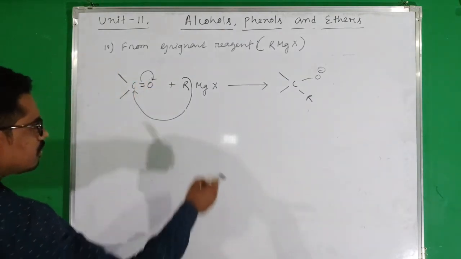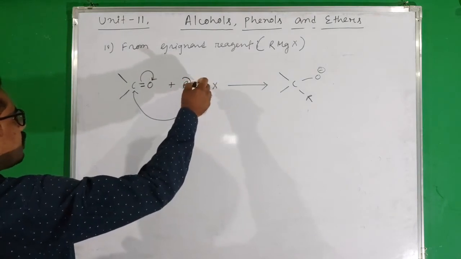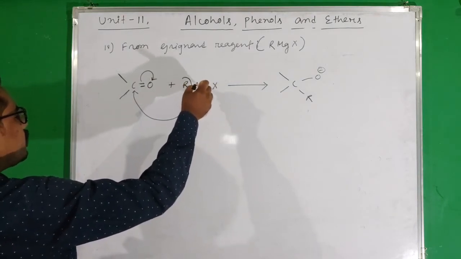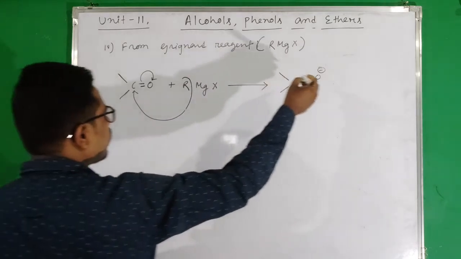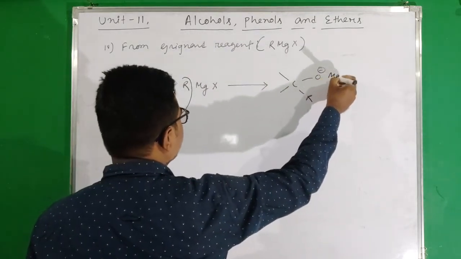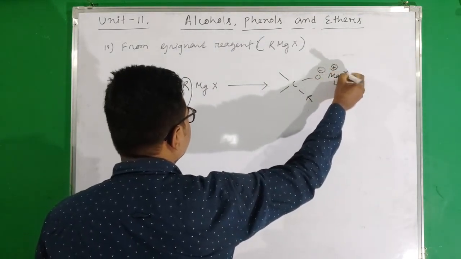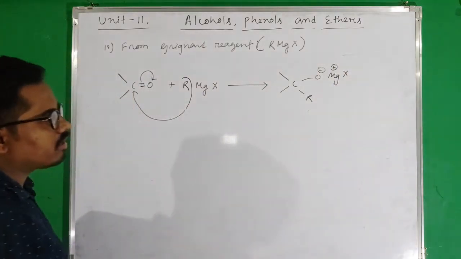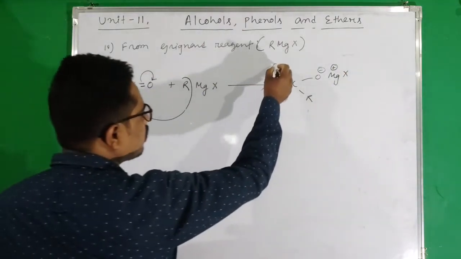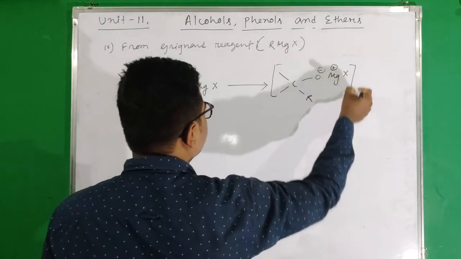And we know that magnesium is a metal. When this bond will break, magnesium will gain positive charge, and due to gaining of positive charge, magnesium will attach along with the halogen to the O negative ion.